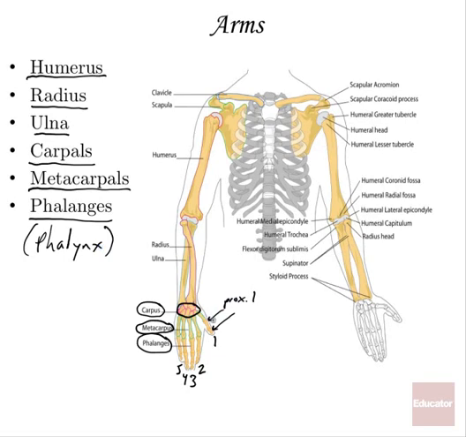So proximal phalanx 1, and you can guess that this one is distal phalanx 1, number 1, because that is the first digit. And then so on and so forth. Now there is a middle phalanx in all of these, so it's as simple as that. This would be distal phalanx 2, middle phalanx 2, proximal phalanx 2, all the way to number 5. Distal phalanx 5, middle phalanx 5, and proximal phalanx 5.